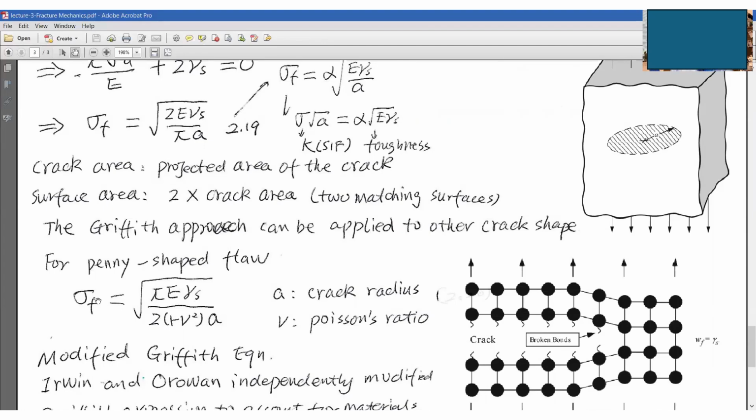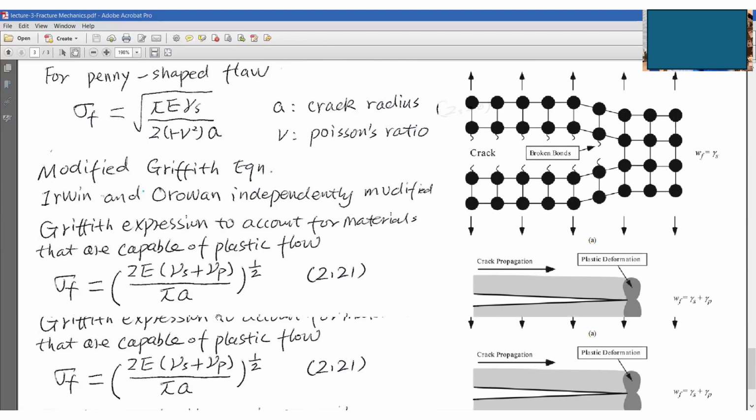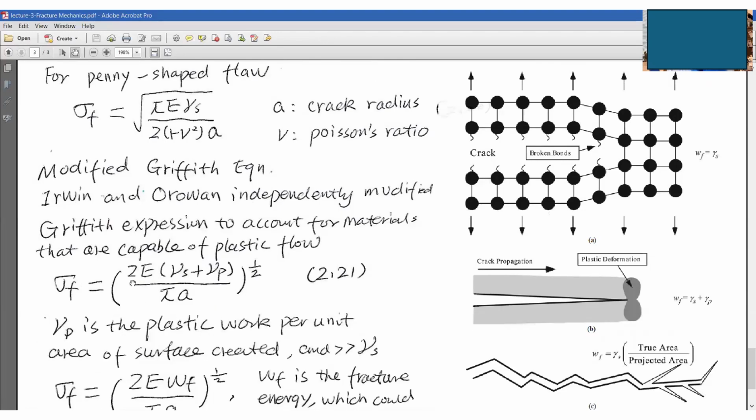So up to now, we only take care of the elasticity. The plasticity has not been involved, right? And here we are going to talk about the modified Griffith equation. So Professor Irwin and Orowan, these 2 professors independently modified Griffith's expression to account for materials that are capable of plastic flow, and they got the same equation.